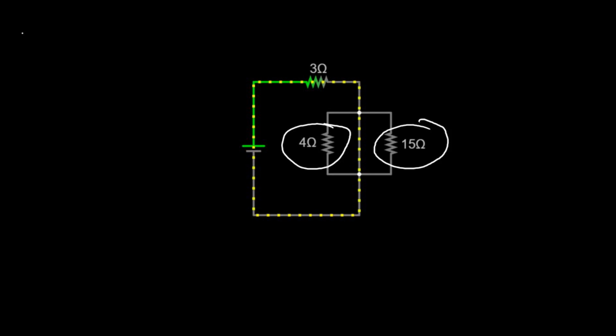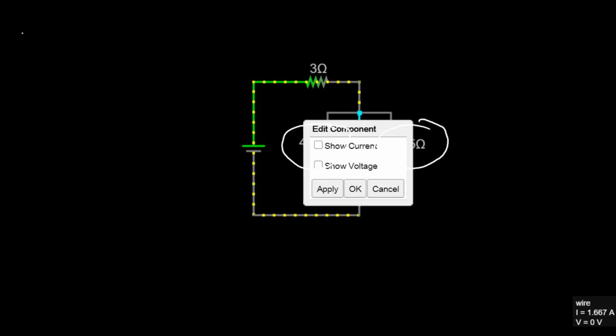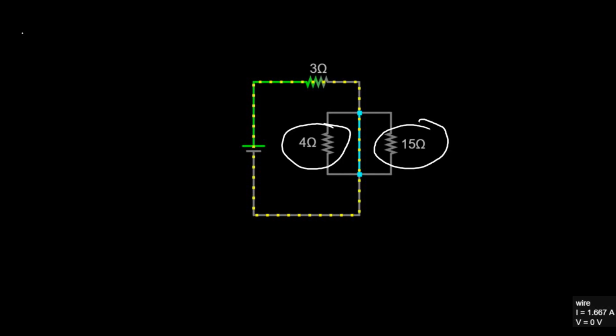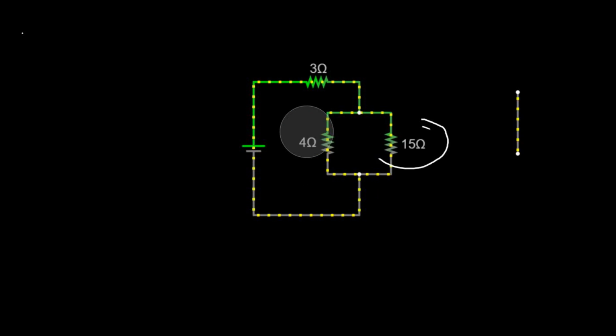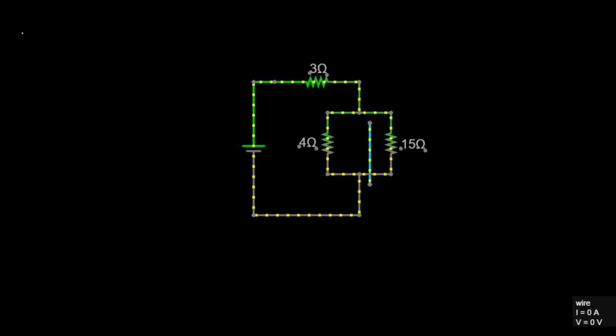So you see that when I take out this short circuit path from this circuit, current will start flowing through the 4 ohms and the 15 ohms resistors. Now current is flowing through the 4 ohms and the 15 ohms resistors because the short circuit path is no more there. But when I bring it back, current will stop flowing through the 4 ohms and the 15 ohms resistors.